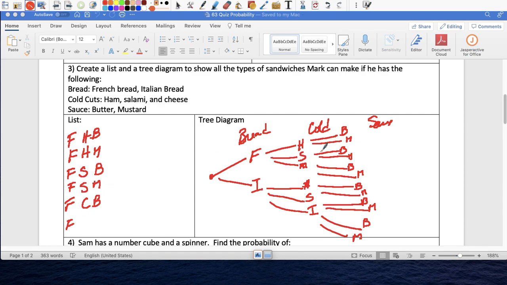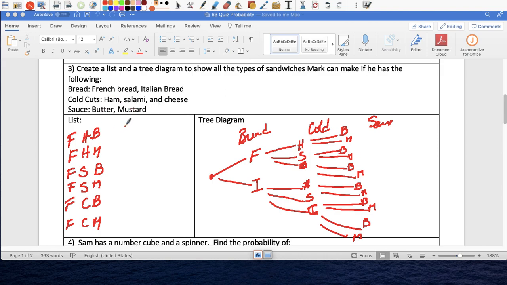What did I write here? Ham, Sam. This should have been the C for cheese. French cheese and butter or mustard. I'm sorry. So we have 1, 2, 3, 4, 5, 6. Right. So it's 3 times 2 times 2.